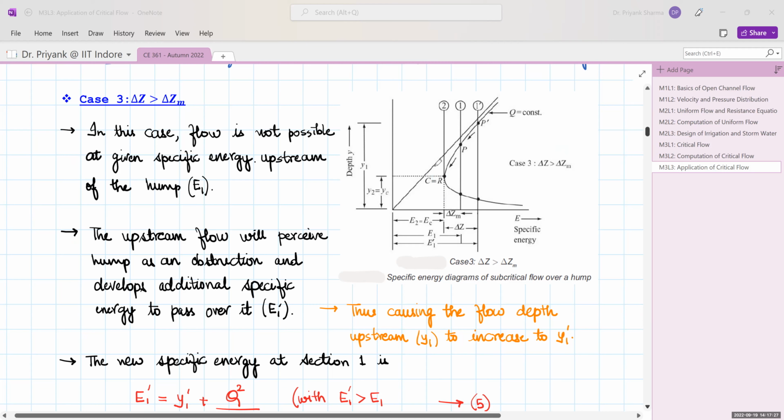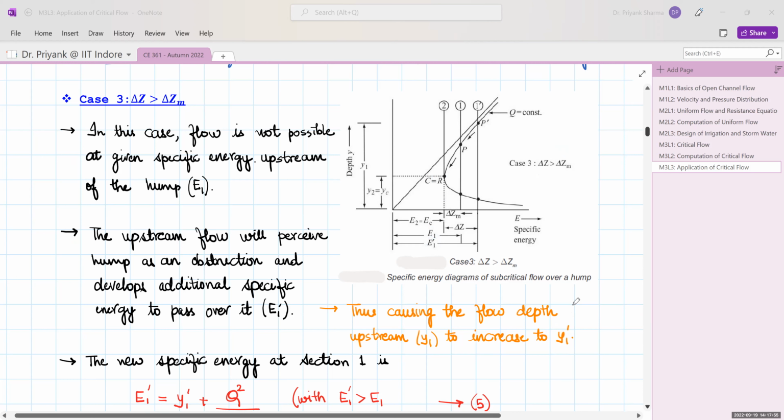So that thing again happens here, that the flow is not possible for any height delta Z greater than delta Zm. Now in order for the flow to happen, your specific energy E1 would change to E1 dash, and the increase in specific energy means your depth of flow would increase, and that means from point P it has increased to point P dash. So your depth has again increased to Y1 dash.